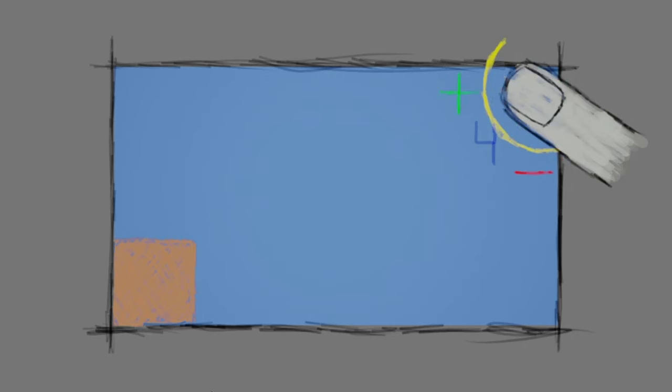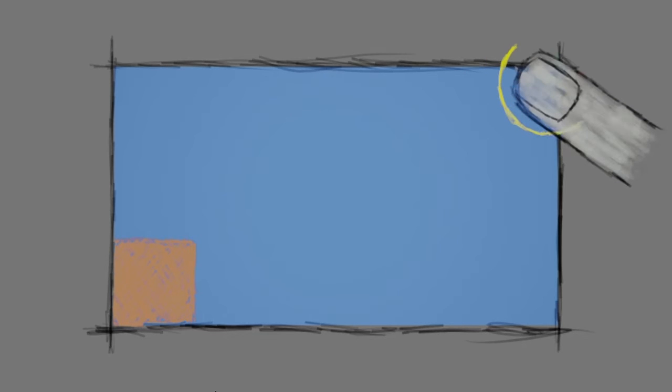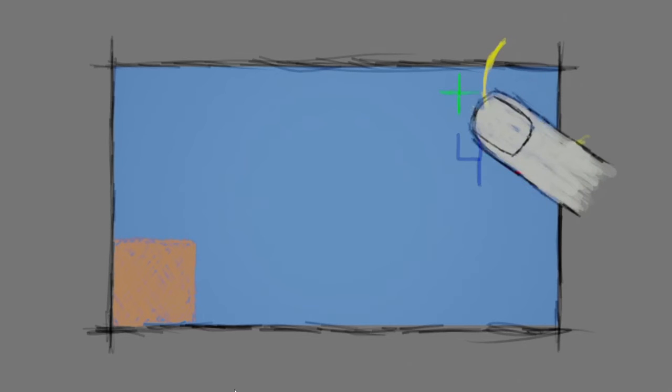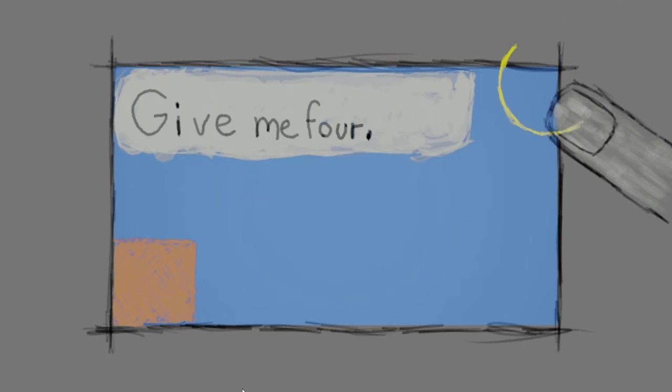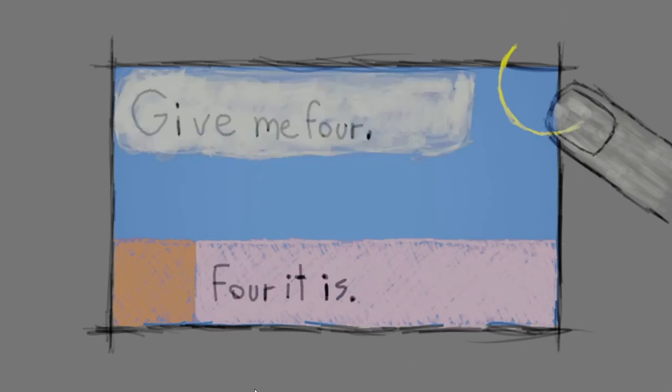If the player still doesn't want to give an answer, they can release the dialog key, and no answer will be given if nothing is selected. But then the player selects number 4 and releases the key, so it answers 4.